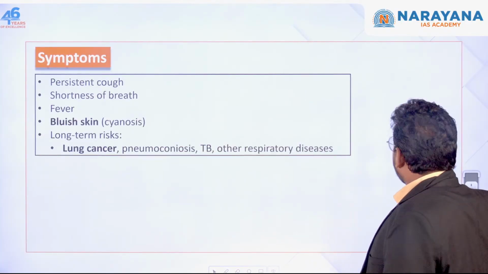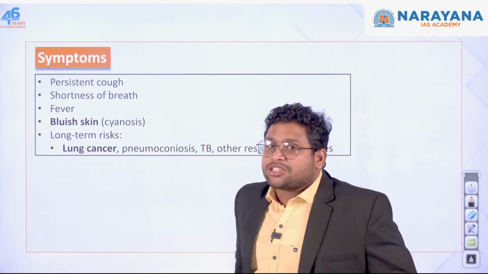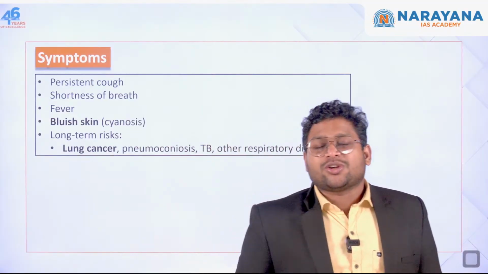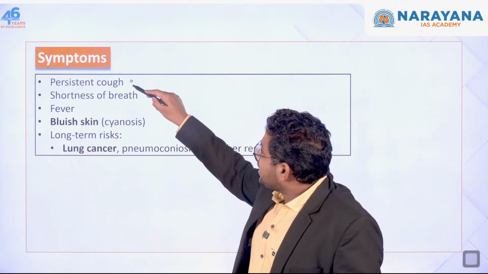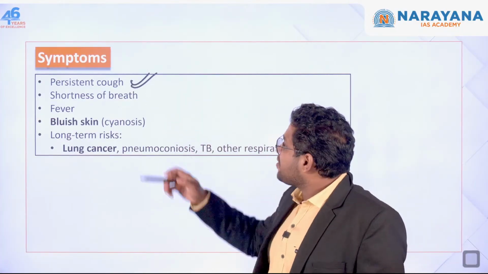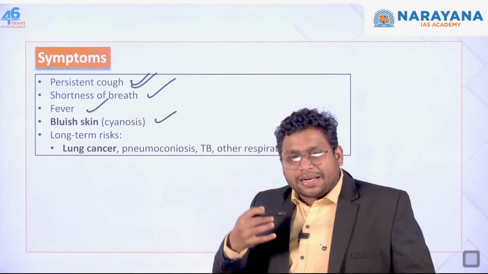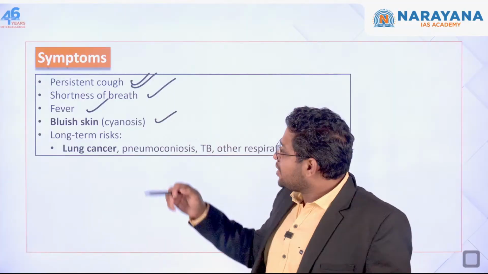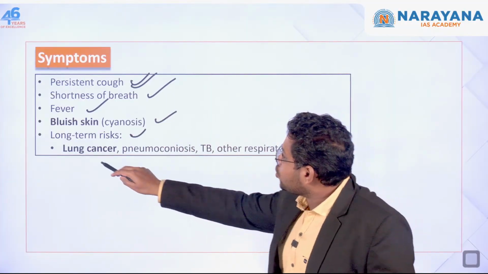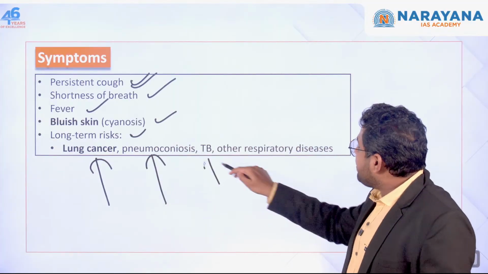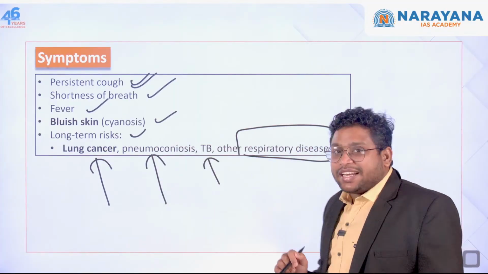Now what kind of symptoms does a person show when affected with silicosis? He or she will show persistent cough, shortness of breath, some fever. The skin will become a little bit bluish, and long term risks include lung cancer, pneumoconiosis, TB, or other respiratory diseases.